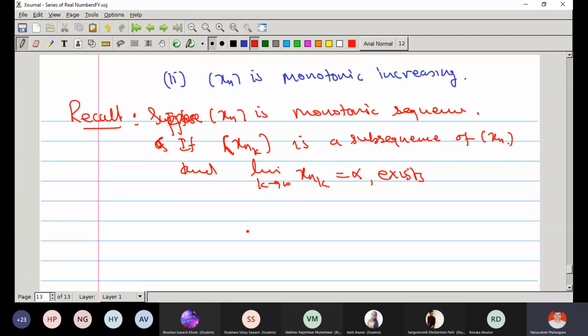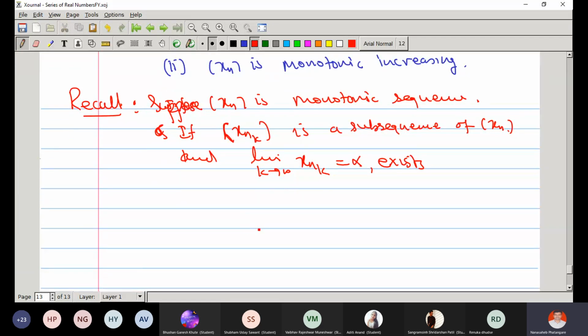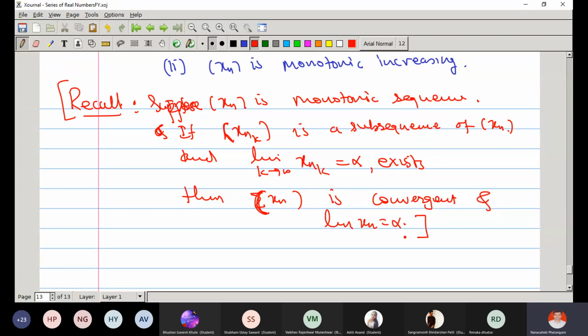In general, if one subsequence converges, it does not imply the sequence converges, for example, minus 1 to the power n. So this is the important result we have already proved.